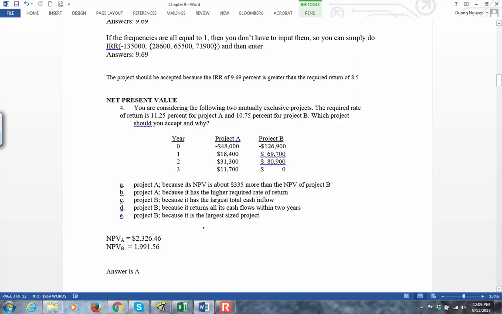So obviously NPV of A is higher than NPV of B, and because they are mutually exclusive, A is better than B, because A is adding more value to the company than B.